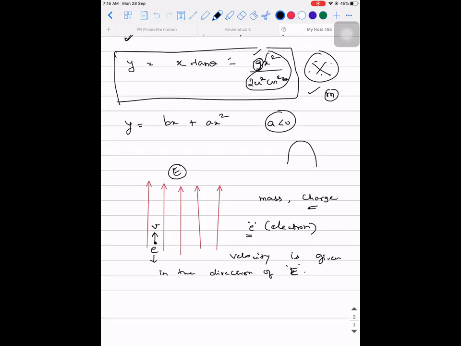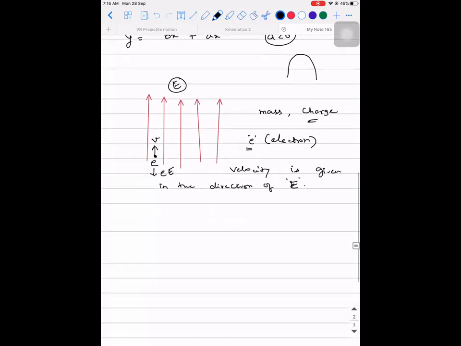Because it is experiencing a force of how much value? E into capital E. Right. Why is it E into capital E? Because F is equal to QE. So it experiences a force e into capital E in the direction opposite to the electric field. It starts moving. That is an accepted fact. Next, what if the velocity was given perpendicular to electric field?